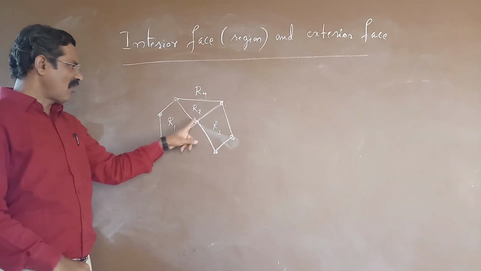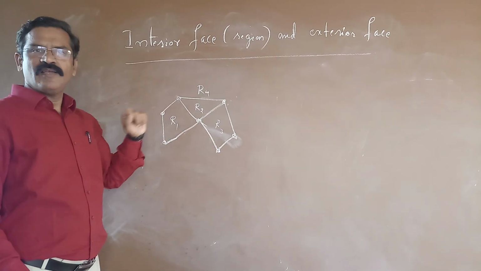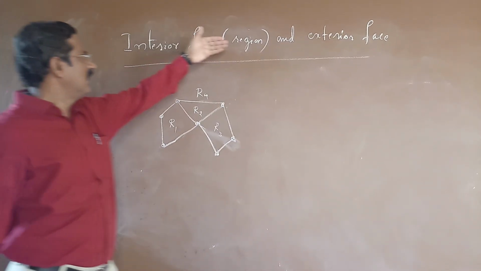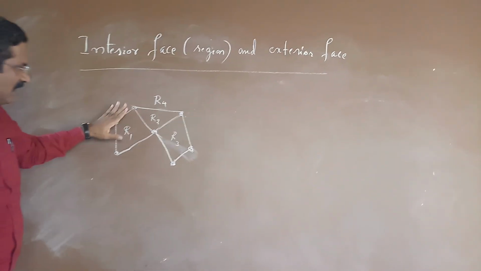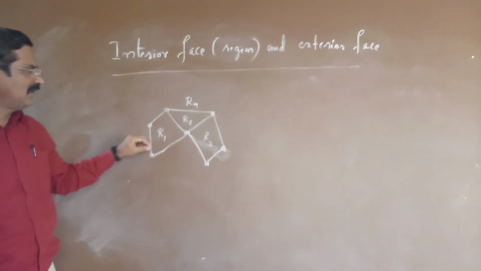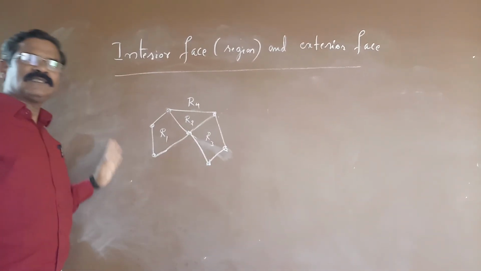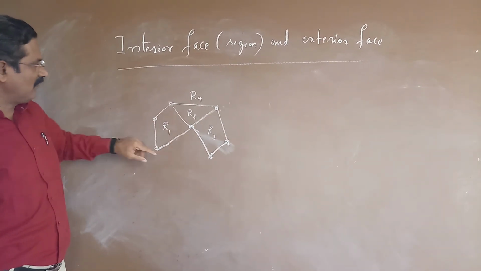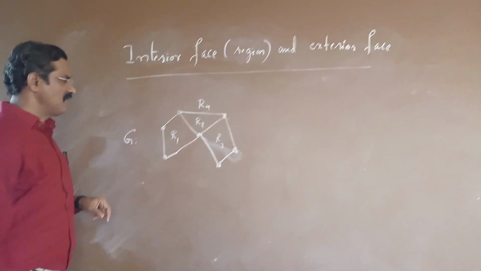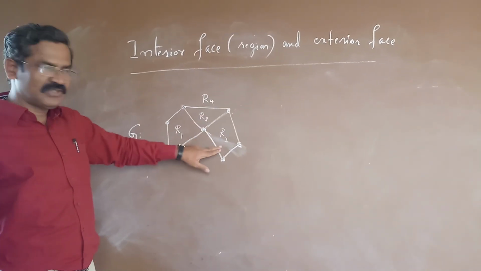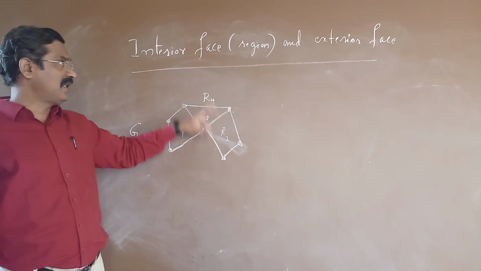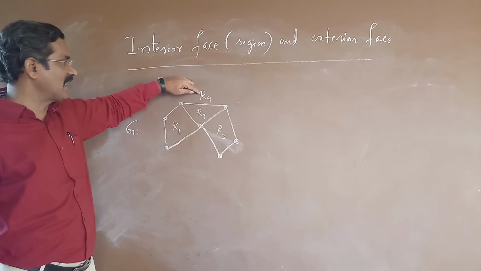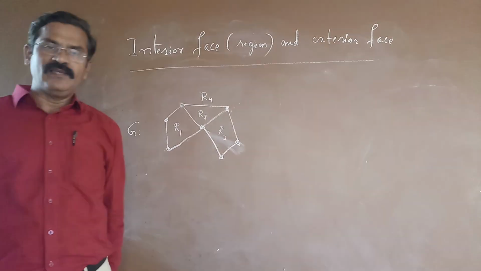So bounded regions are called interior regions and the unbounded region is called exterior region, or you can say face. So in this example, in the graph G, R1, R2, R3 are interior regions, or you can say interior faces, but R4 is the unbounded region, which is called an exterior region.